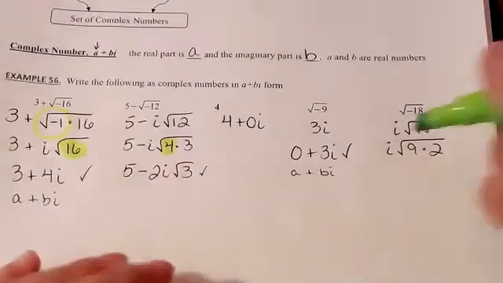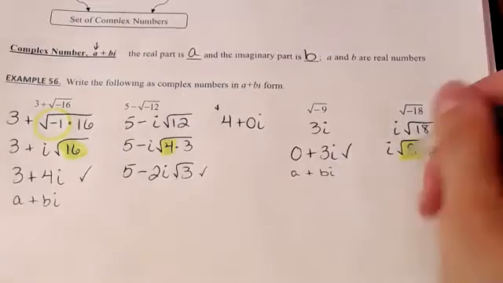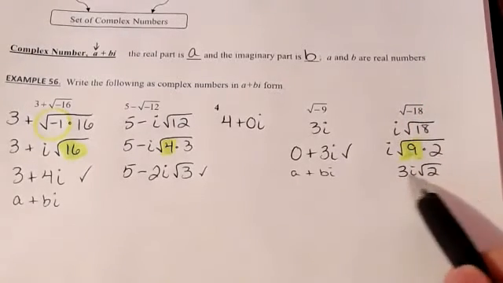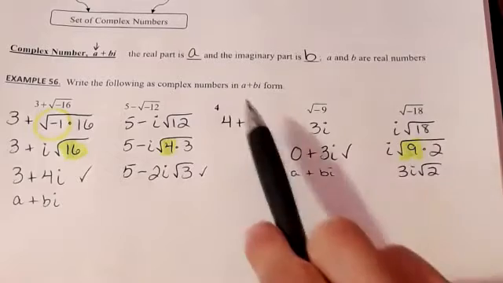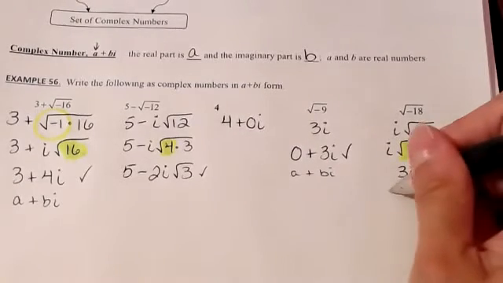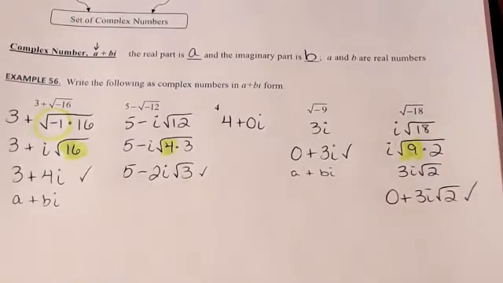And then we say, okay, well, I know the square root of 9 is 3. So this becomes 3i square root of 2. And because this is just the imaginary part, we want to write it in a plus bi form. You always want to write in a plus bi form. So we have 0 plus 3i square root of 2, and there you're done.